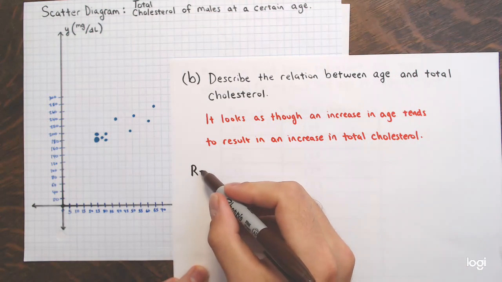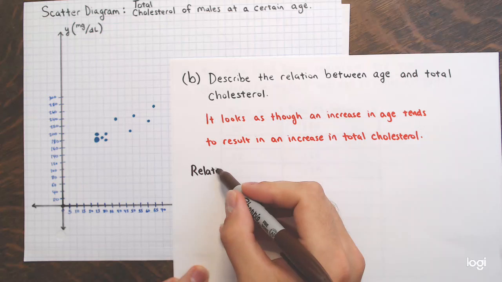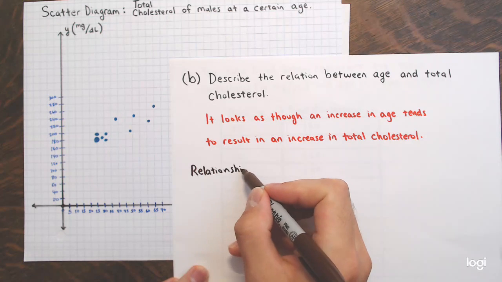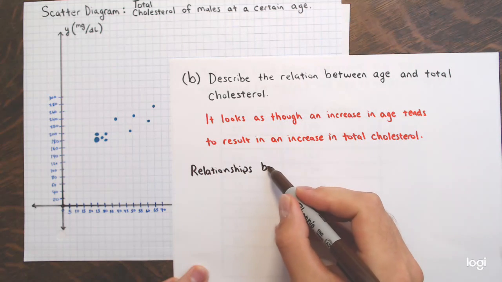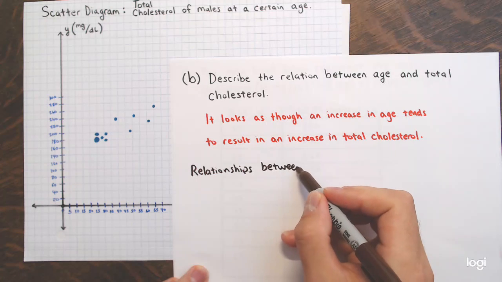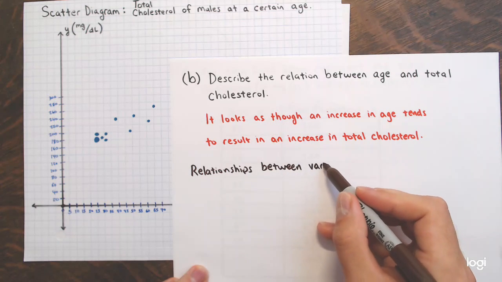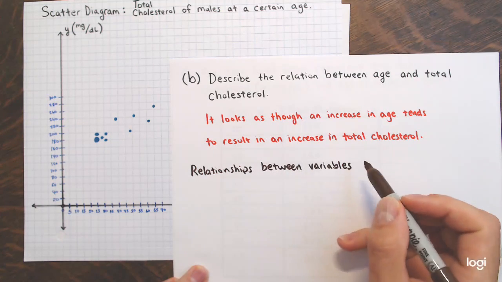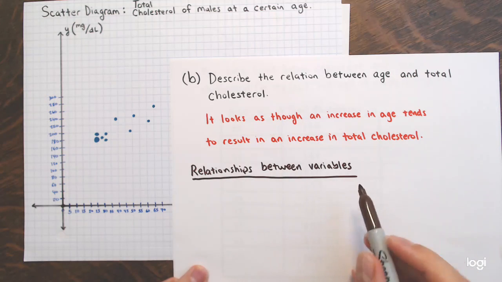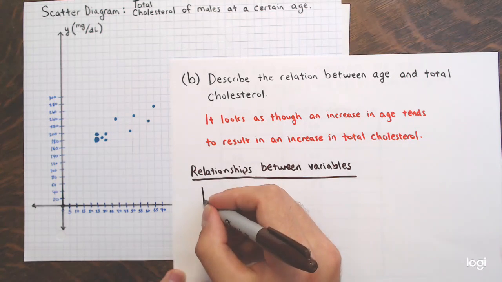So, relationships between variables. And we're going to be looking at scatter plots to determine this.